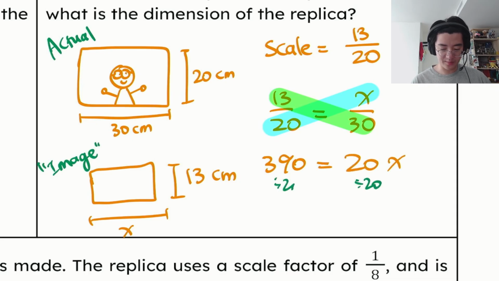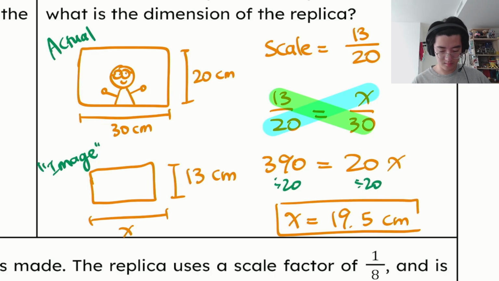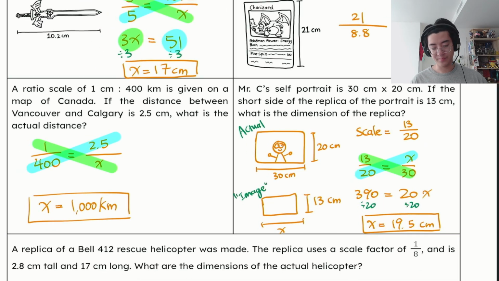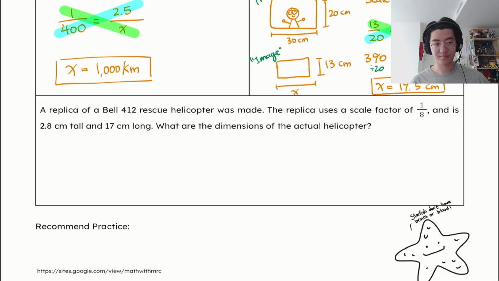Divide both of those by 20. You get x of 19.5 centimeters. Okay, just like that. So we're using some information from the problem to find a scale factor.